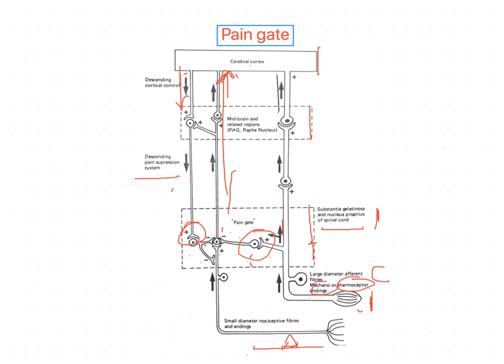This releases what are called endorphins or enkephalins, which reduce the formation of substance P. That means it is blocking the release of the chemical transmitter called substance P in the pain circuit.